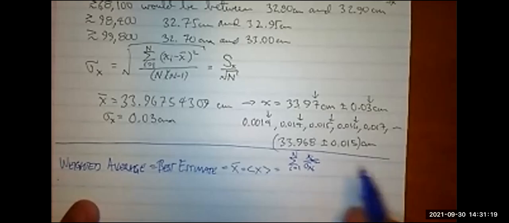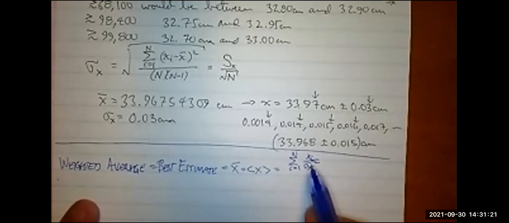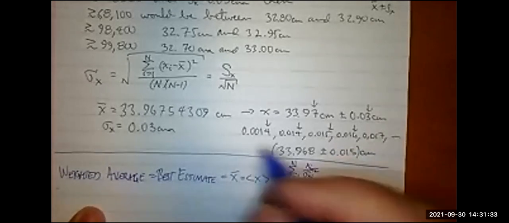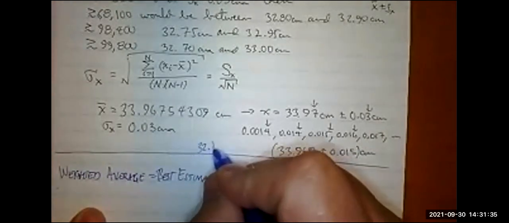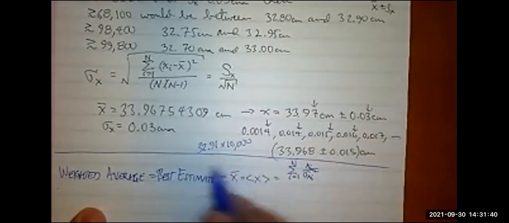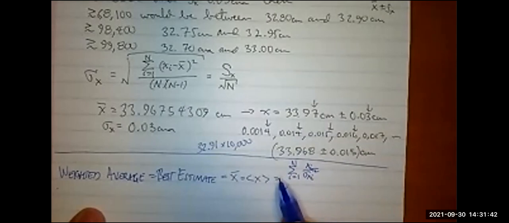And not only that, it's got a really unreasonable size, because the one that had 0.01 uncertainty, that's literally going to be the 32.91 times 10,000. So the sizes are all off too by doing that.